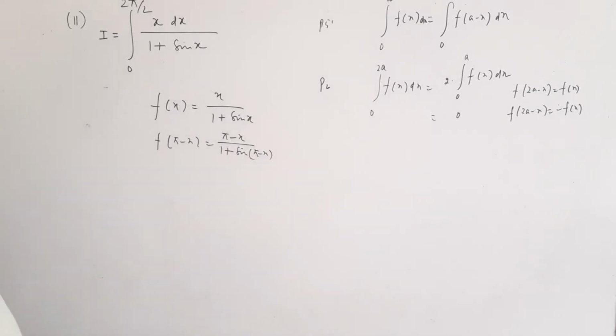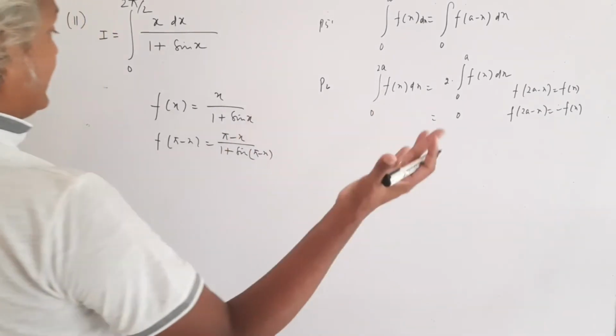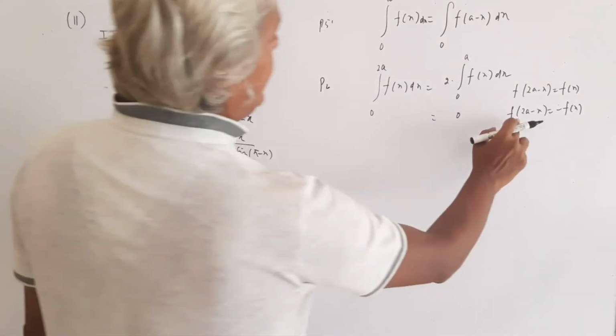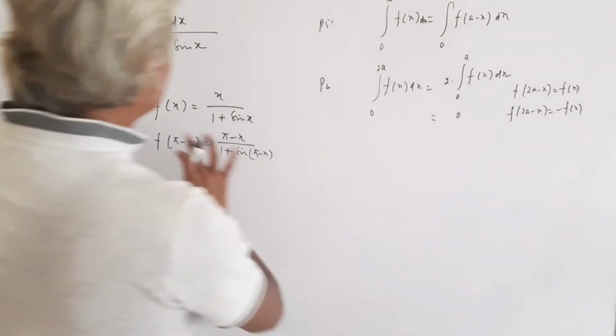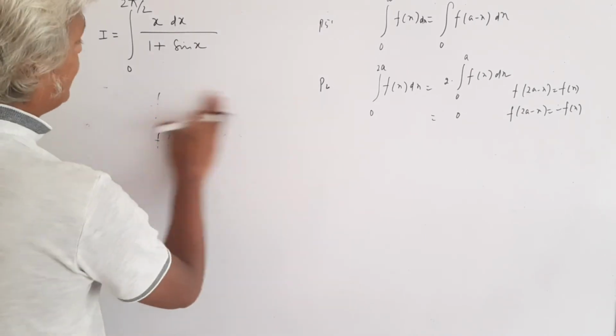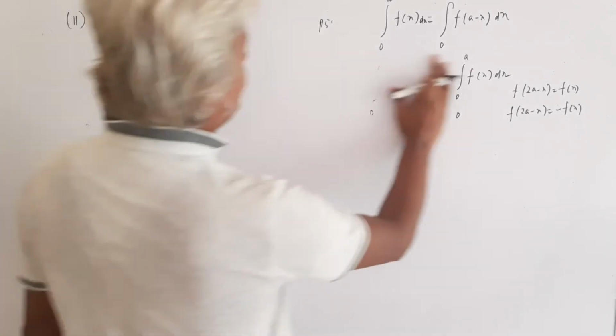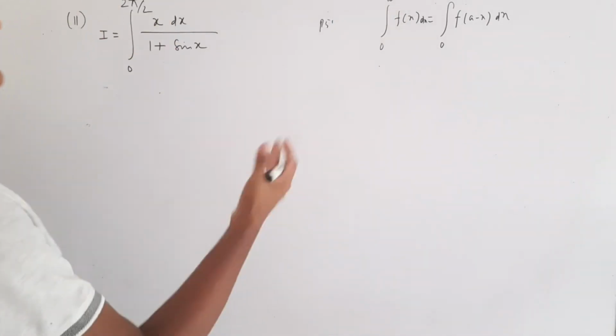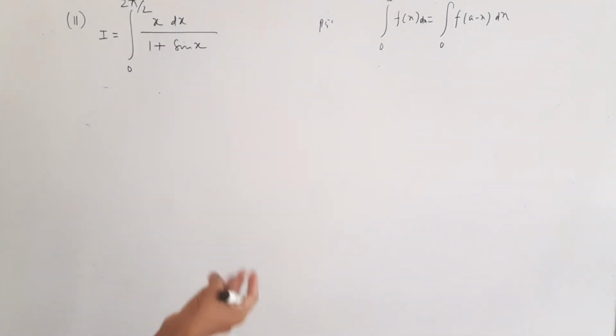So sin(pi minus x) gives you sin x, that's fine, but this pi minus x will not give you x. It means this property, f(2a minus x) equal to f(x), is totally flawed, so you cannot apply this one here. So we are left only with the other property, and let's see what better condition it can provide.